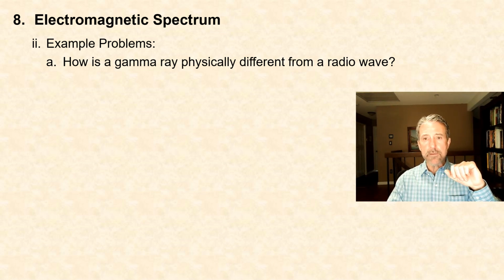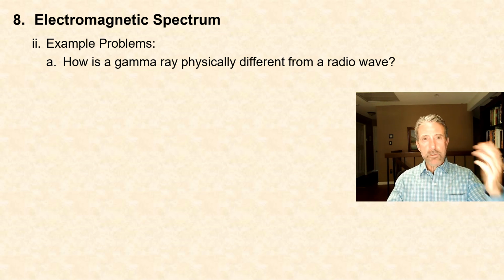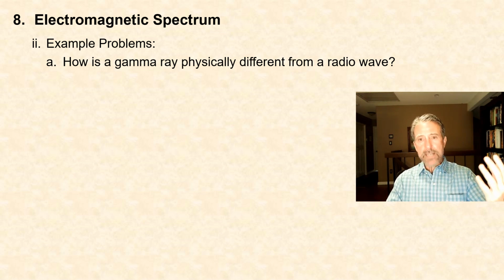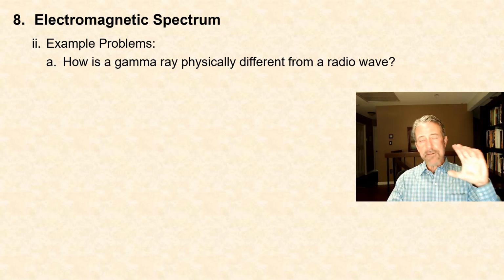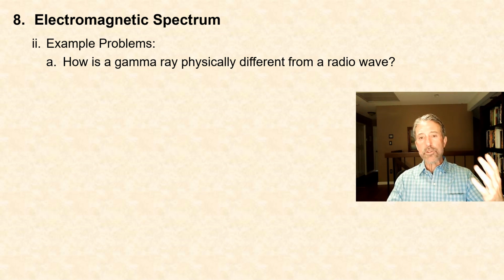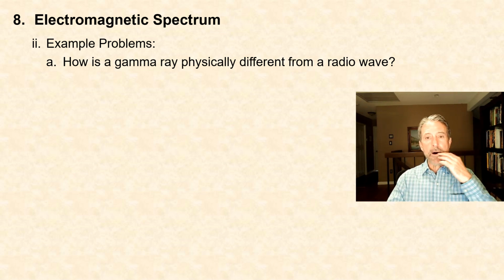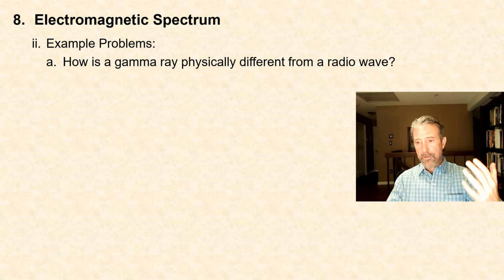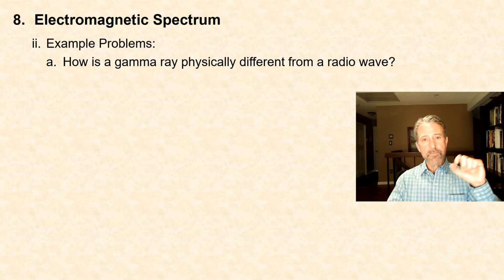how is a gamma ray physically different from a radio wave? Well, when you look at the electromagnetic spectrum, you can see that gamma rays and radio waves are on opposite ends of the electromagnetic spectrum. They have very different frequencies, wavelengths, and energies. Gamma rays are very high energy, high frequency waves, whereas radio waves are very low energy, low frequency waves.